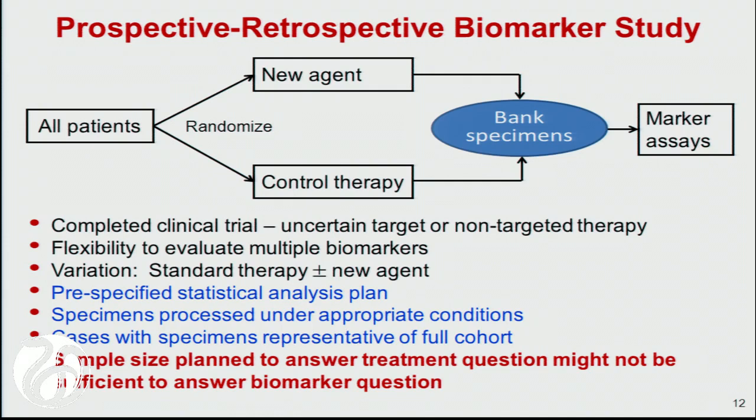The thing I would remind you of, though, is that if what you're really looking for is markers that predict who benefits from therapy, as opposed to, for example, prognostic markers, if you have designed a trial to answer a treatment question, it may not have sufficient sample size to answer a biomarker treatment guiding kind of question.